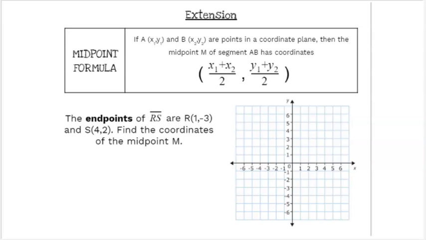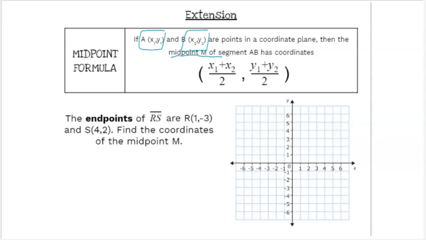Extension. Now, if we're working on a coordinate plane, there is a midpoint formula to find the midpoint of any segment on the coordinate plane. So if A is (x1, y1), so any coordinate point, and B is (x2, y2), you should remember that phrasing from the distance formula and slope last year.